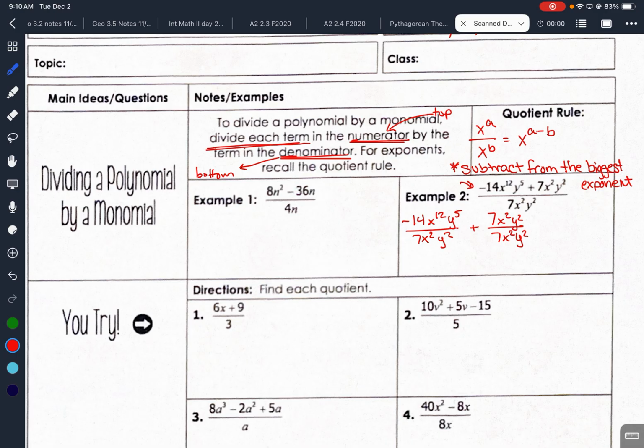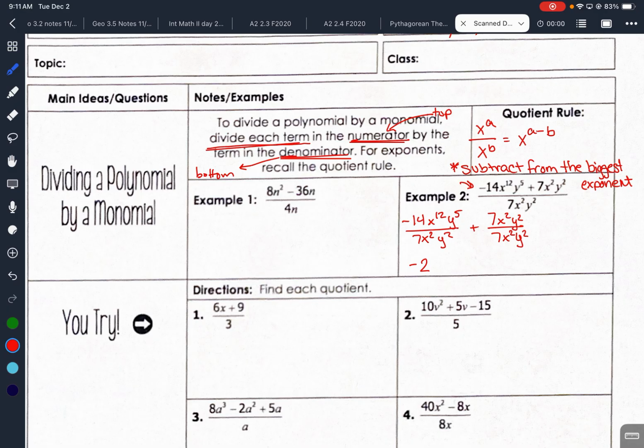So you don't look at this problem as a whole. You look at little parts at a time. So negative 14 divided by 7 is what? Negative 2. Okay, so now we're to exponents. Exponents we subtract, yes? So I have x to the 12th and x to the 2nd.